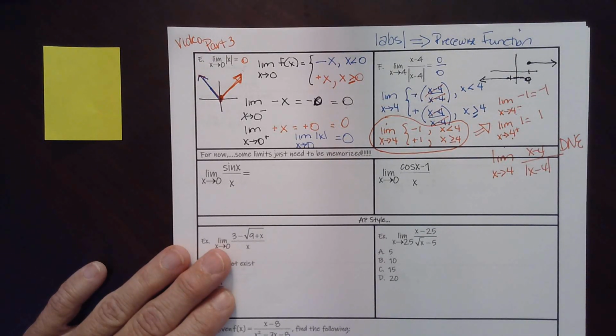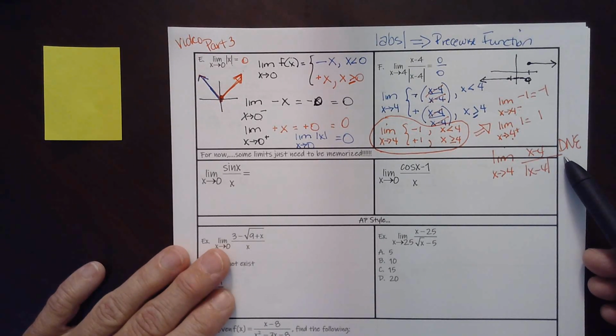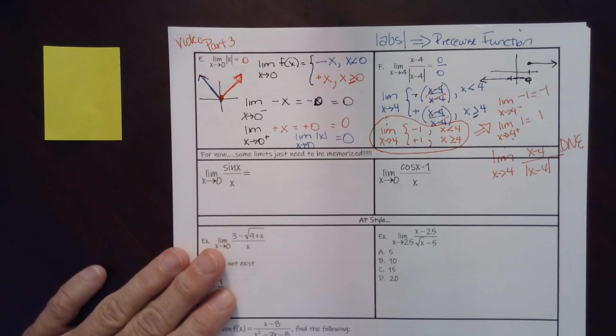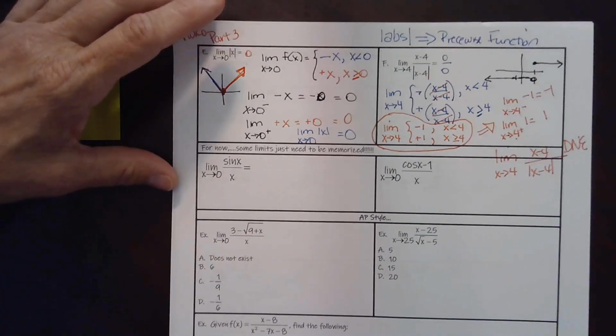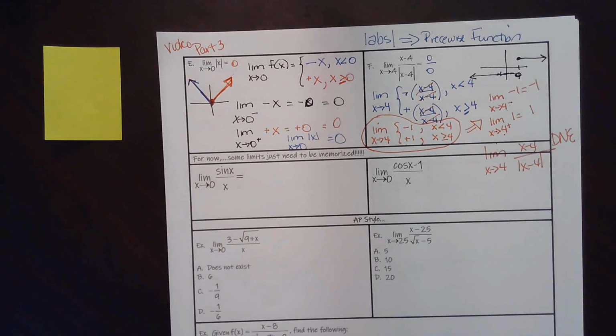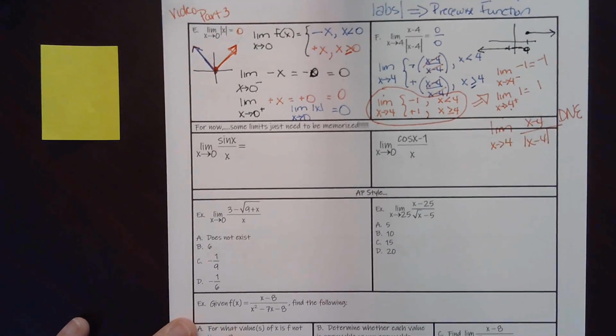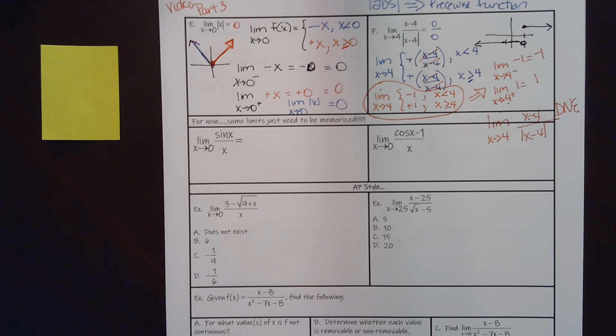If they're the same, that's the limit. But if they are not the same, then the limit does not exist. Okay? All right, so that kind of wraps up some of our techniques and tools that can be used algebraically.